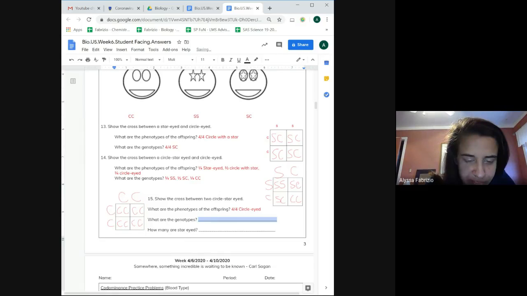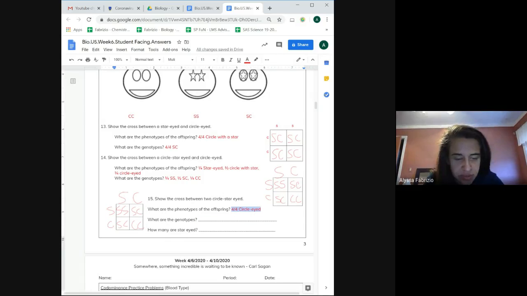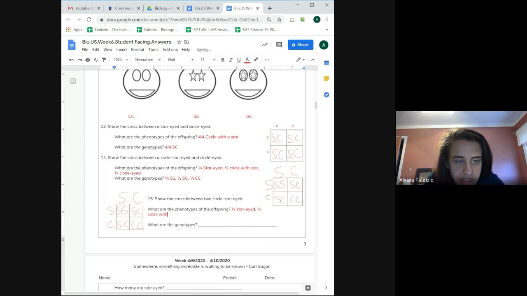So this is not correct anymore. So 1/4 are going to be star-eyed, 1/2 are going to be circles with star, and then another quarter of them are going to be circle-eyed.